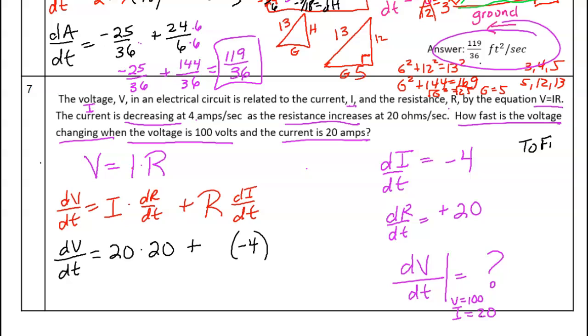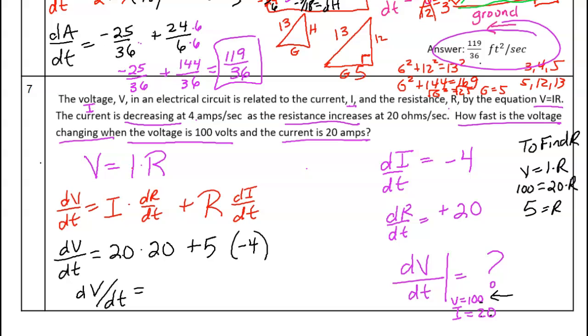To find R, well, guess what? I never used this 100. So if I know that V equals I times R, I know that V is 100 when I is 20. And so I can use that to find R. Divide by 20, so R equals 5. And then we just clean this up.